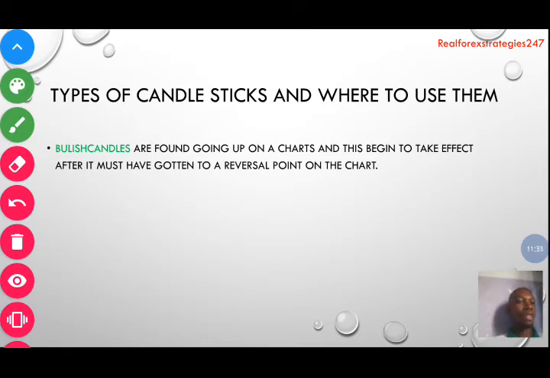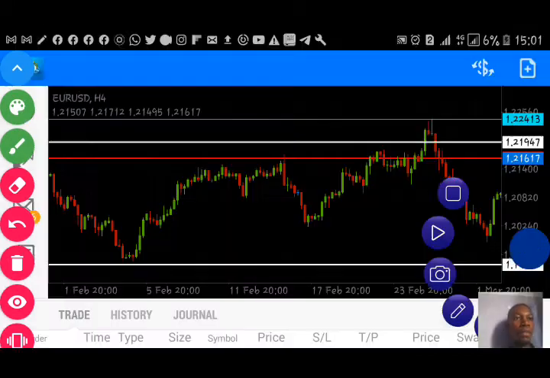Now I'm going to be taking you to a real life chart, and I'm going to be explaining in depth on this bullish candlestick. I'm going to be talking about the bearish part of this candlestick, of this bullish candlestick, and the bearish candlestick. I'm going to be doing it with the chart, so that when I come back and continue on the class, you would really get what I'm talking about. So I'll just quickly go to the live chart right now.